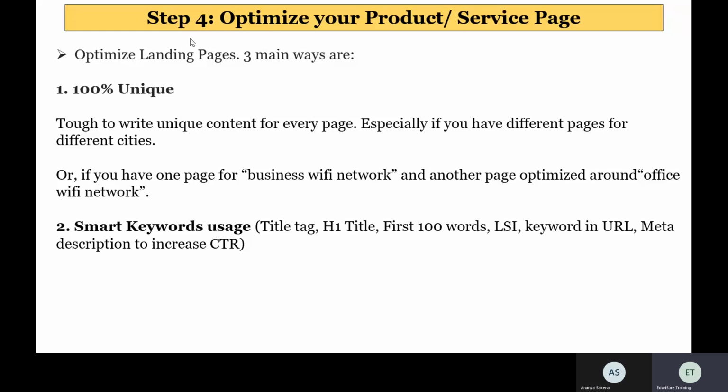But you have to use that in title, you have to use that in 100 words, and you have to write a catchy meta description to increase click through rate. CTR is click through rate, the people come and click over there. Both these points have already been discussed. This is just a repetition. In B2B also, these are the same ways: you have to write 100% unique content and smart keyword usage.